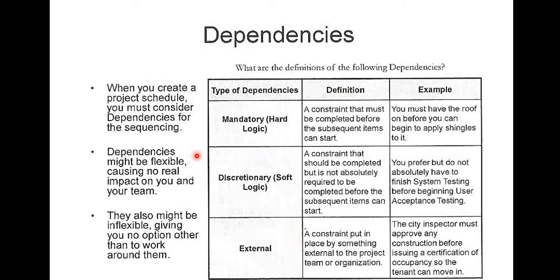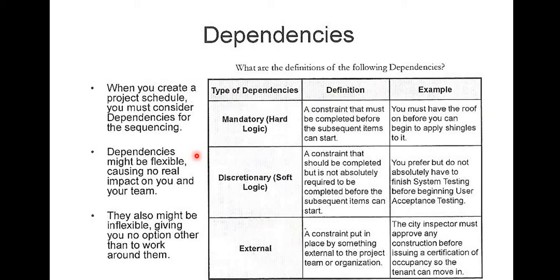Now, I know a lot of things are happening in terms of technology around the world, but I still don't think that there's a way to paint a building effectively without plastering it first. So plastering and painting are on mandatory dependencies. Plastering comes before painting, and there's really no other way to it. That is a typical example of mandatory dependencies or hard logic.